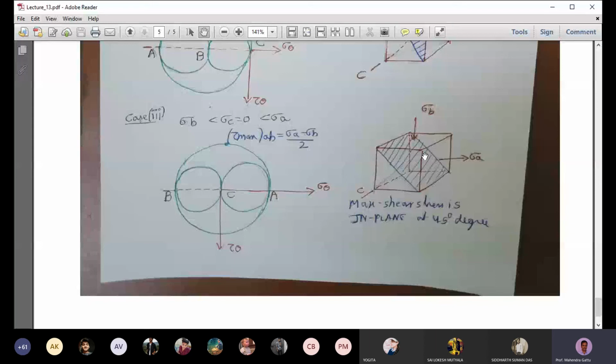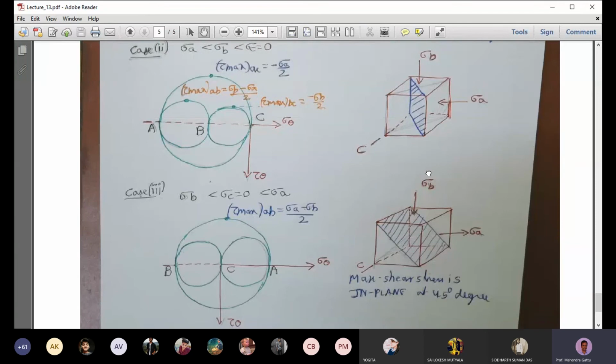For this case, the maximum shear stress plane will be like this. It is in plane. If you are looking from the C axis, it will make an angle of 45 degrees. So the in plane shear stress is like this, and the out of plane shear stress is like this, because you are looking from the top and you get that 45 degree angle.